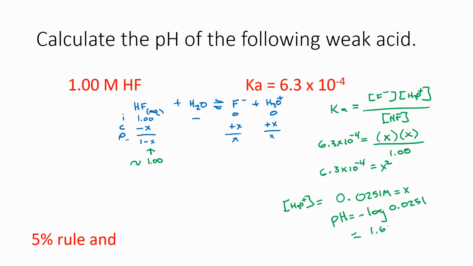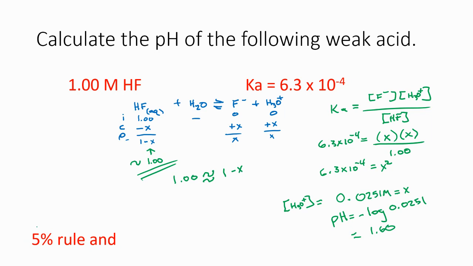And that's the pH of this weak acid solution. Before we move on, we need to make sure that this assumption that we made, that 1 was essentially equivalent to 1 minus x, was a safe assumption.